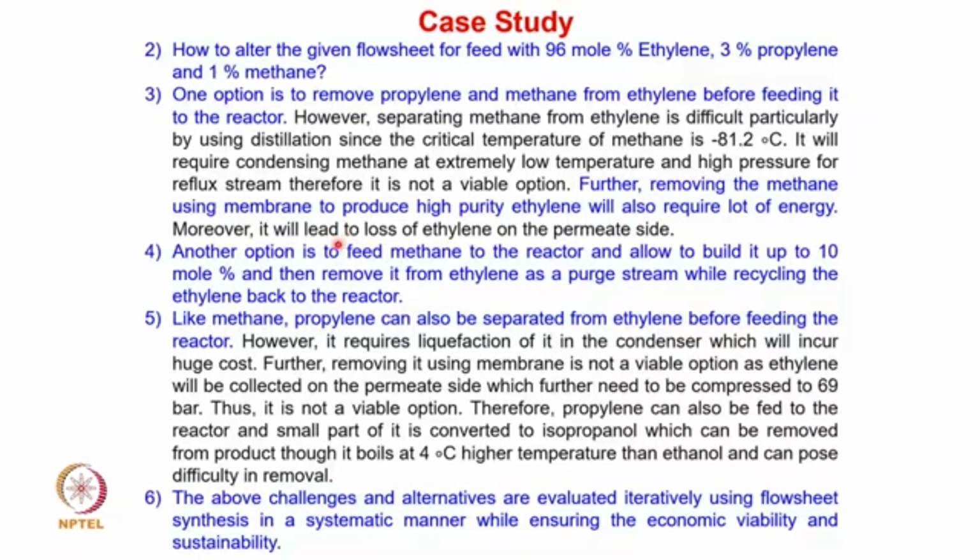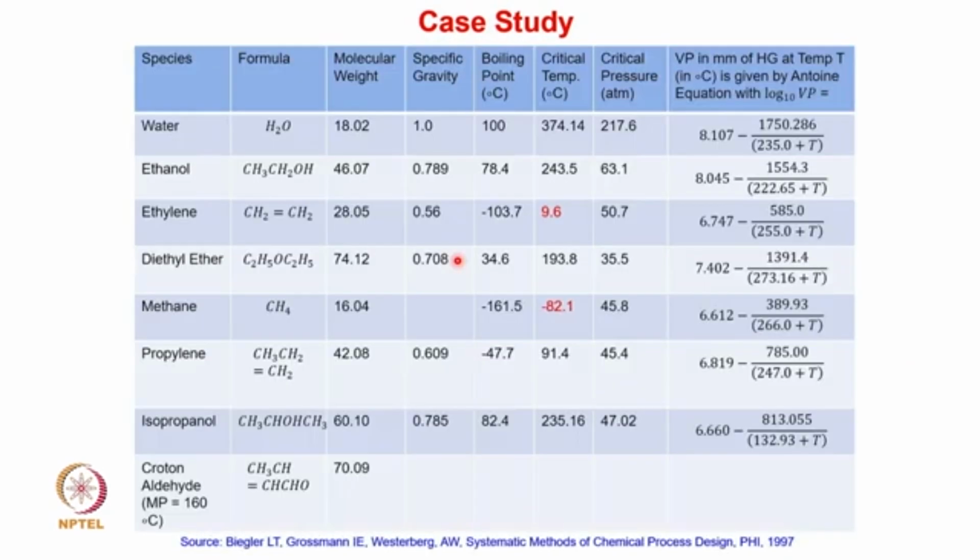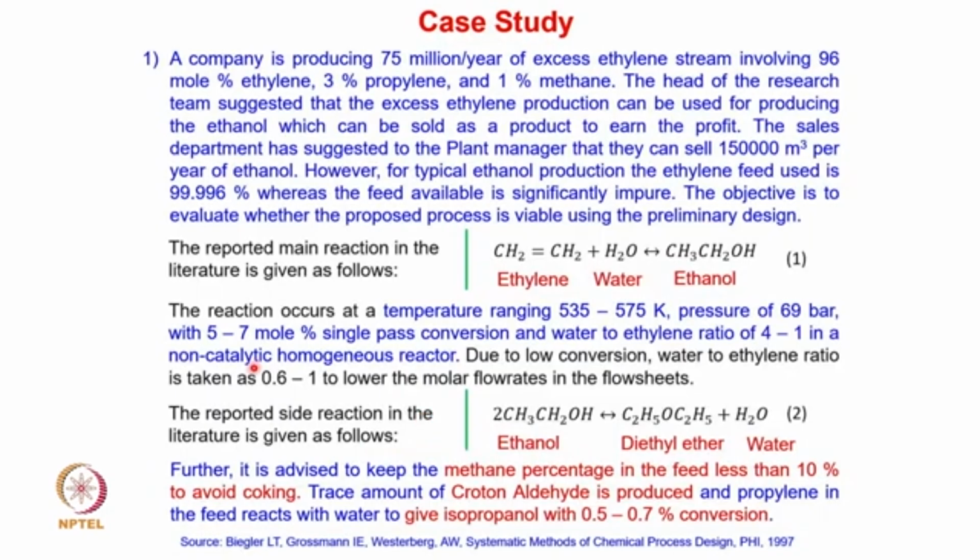So another option could be we can directly charge this methane to the reactor instead of separating, and allow the amount of methane to build up in the reactor up to 10 mole percent. As the problem given here, you can see that up to 10 mole percent we can use the methane in the feed without coking.